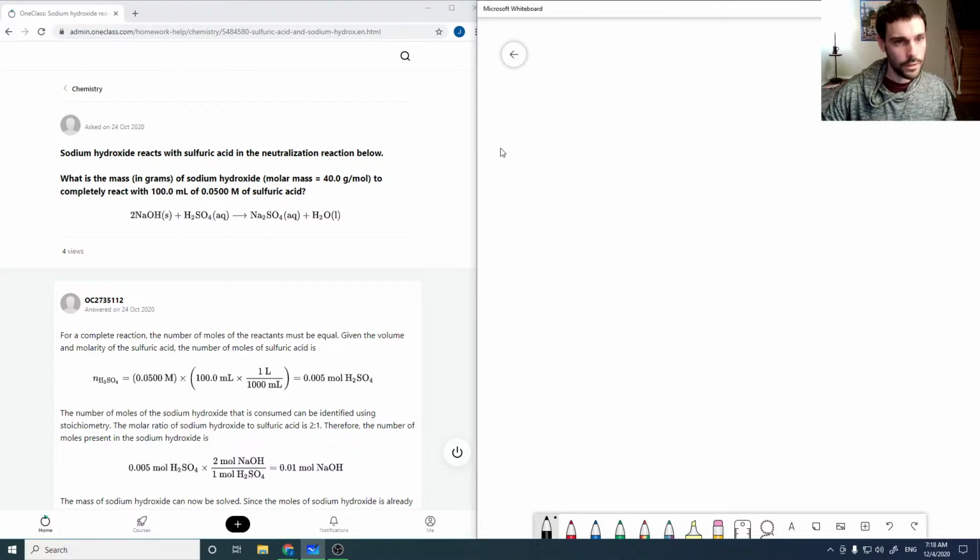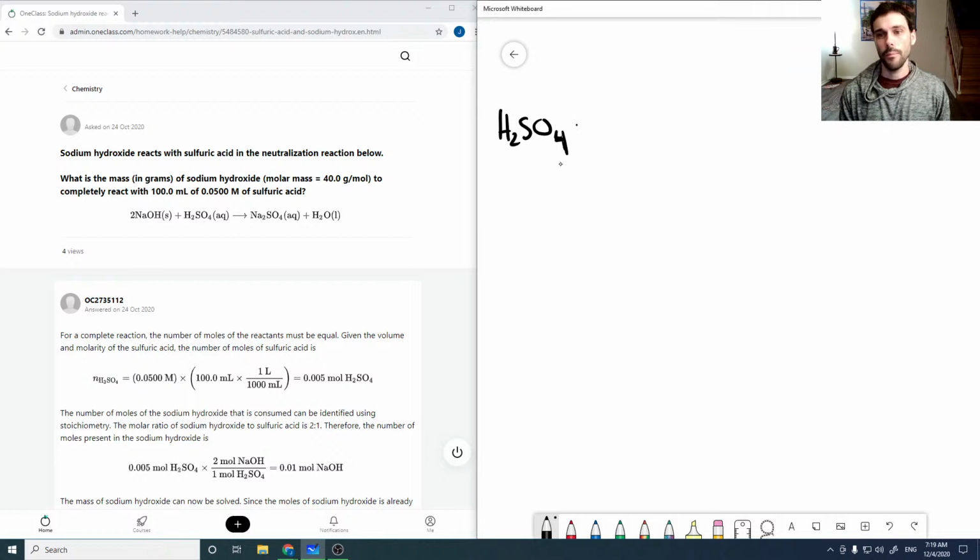Okay. Sodium hydroxide reacts with sulfuric acid in a neutralization reaction shown below. So they've given us our equation. We can understand it a bit further because H2SO4 is actually a diprotic acid. So let's write it properly here.